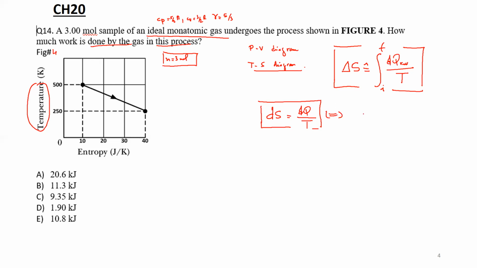From this, I can just write that dq is just TdS. That means if I integrate now, I will have Q, which is the heat exchange during a process, is just an integral between initial and final state of T dS.